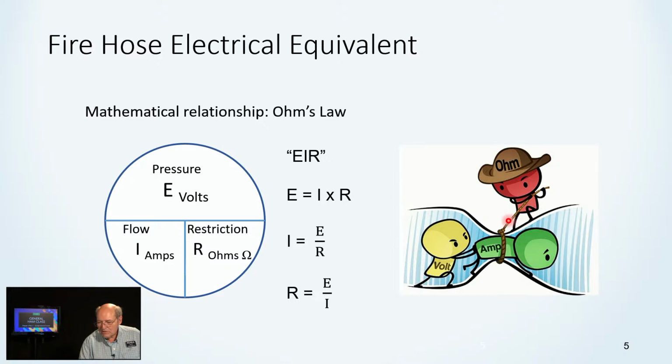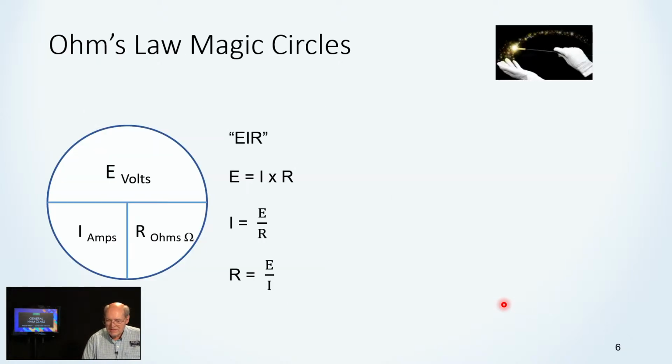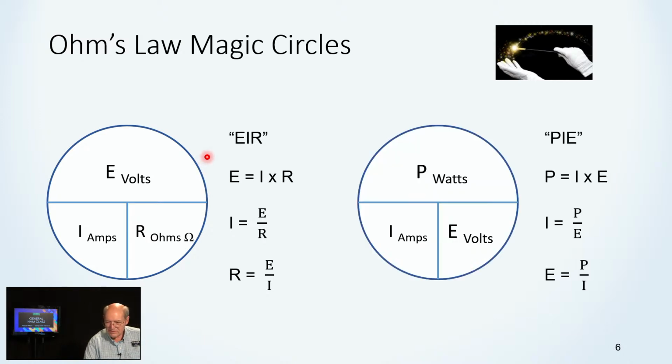Now, generally speaking, when these people are working that hard, that generates heat, and that's a result of electricity flowing. If there's resistance, the resistor will typically get warm. So the Ohm's law magic circles, if you can just remember E-I-R and P-I-E, you'll have all of these formulas at your instant availability.